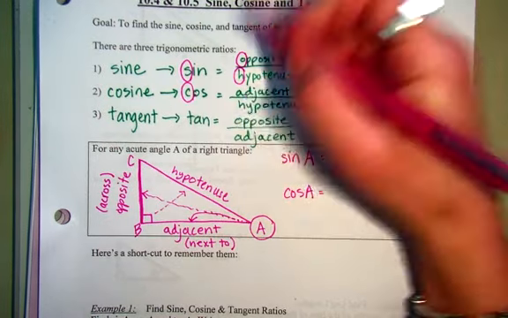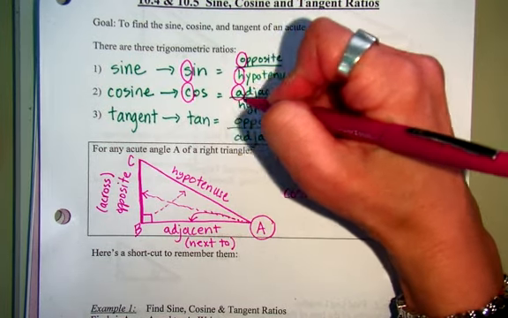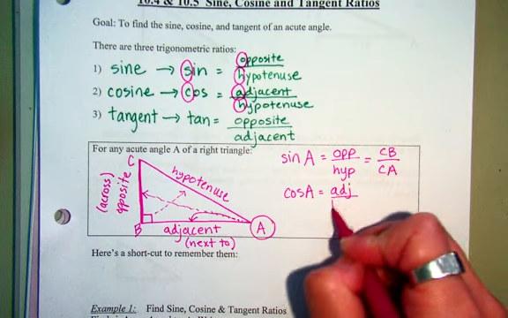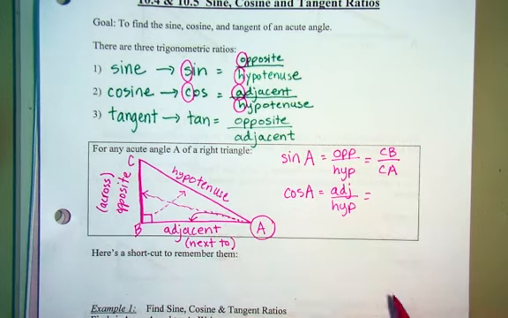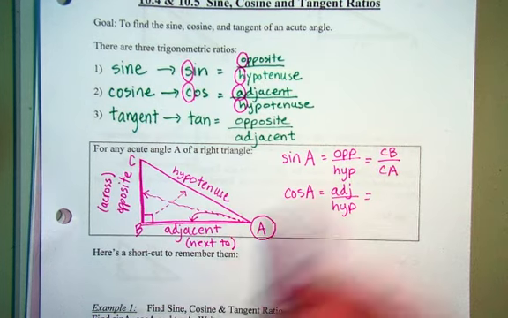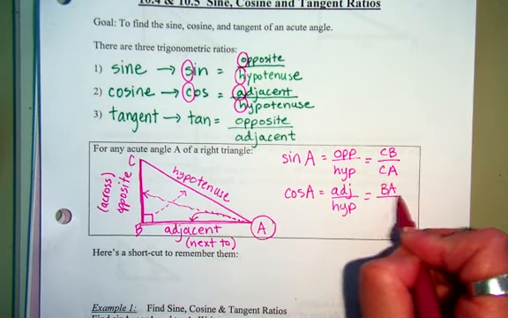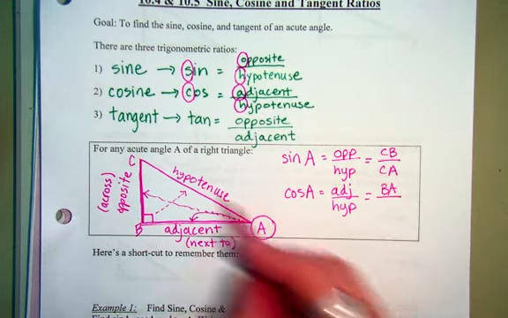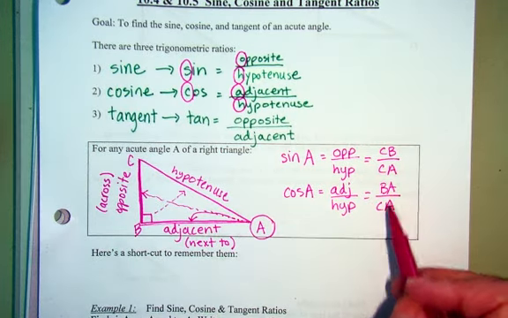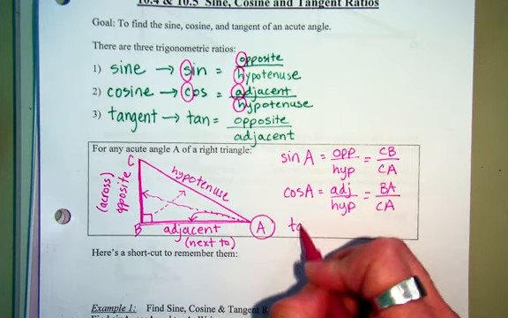The cosine is the adjacent over the hypotenuse. So adjacent, and I'm just abbreviating, over hypotenuse. The adjacent is this whole side down here, BA, over the hypotenuse, which is still way over here, which is still CA. And again, I would have numbers to plug in for those.